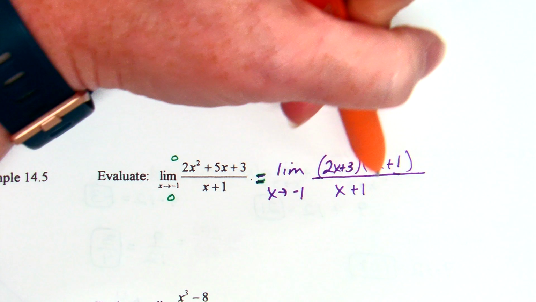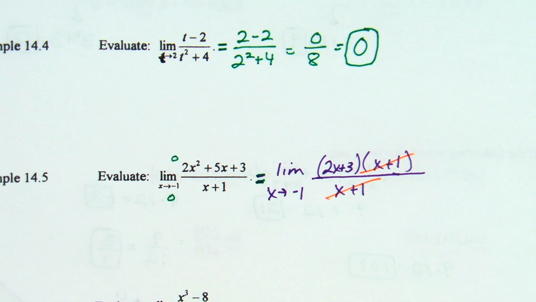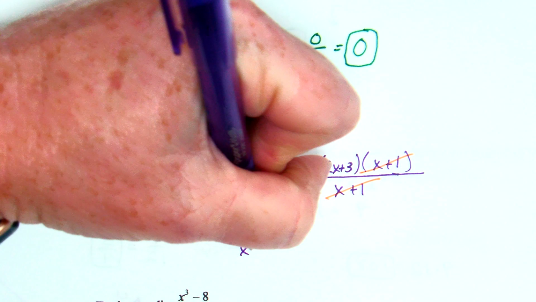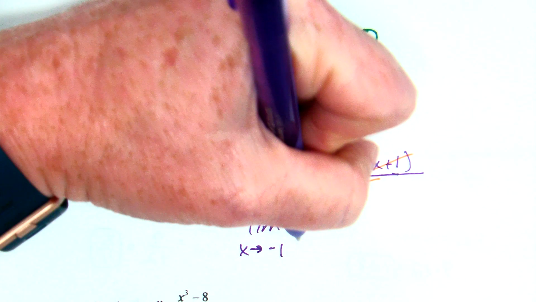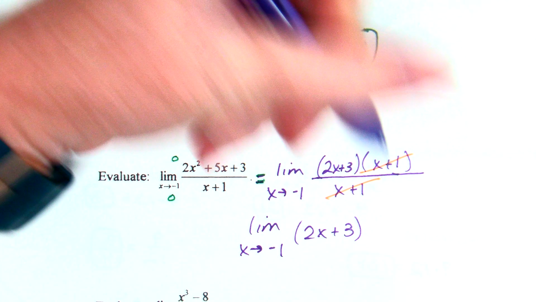Okay. So, finishing this problem up. We have a lovely nice x plus 1, right? So the limit, if I rewrite this, fancy notation, limit as x approaches negative 1 of 2x plus 3.